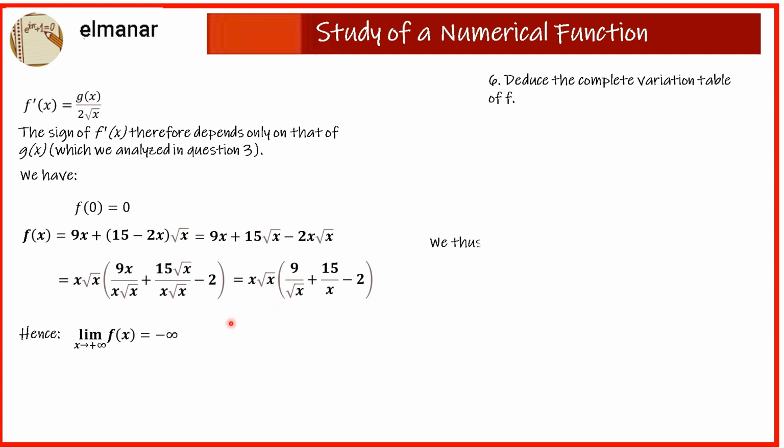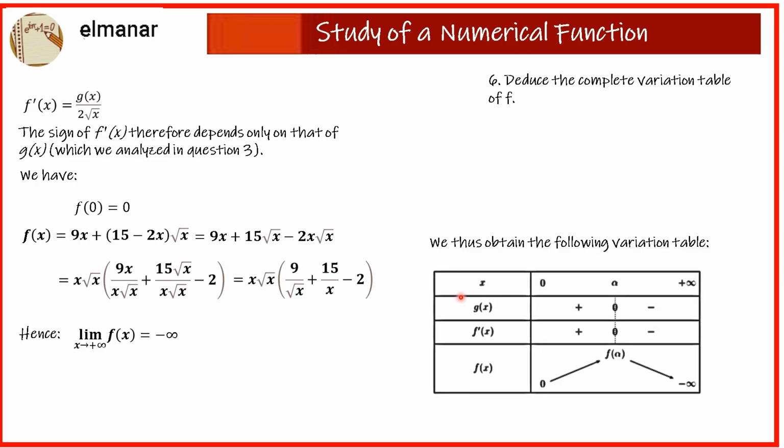Variation table of the function f. From all of this, we can now construct the complete variation table of the function f as follows. The first row corresponds to the function g. It is positive from 0 up to alpha, equal to 0 at alpha, and negative beyond alpha. The second row corresponds to f prime.